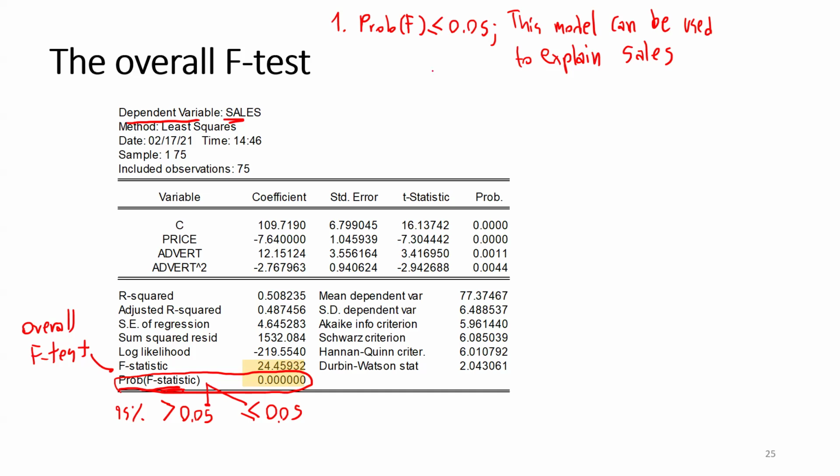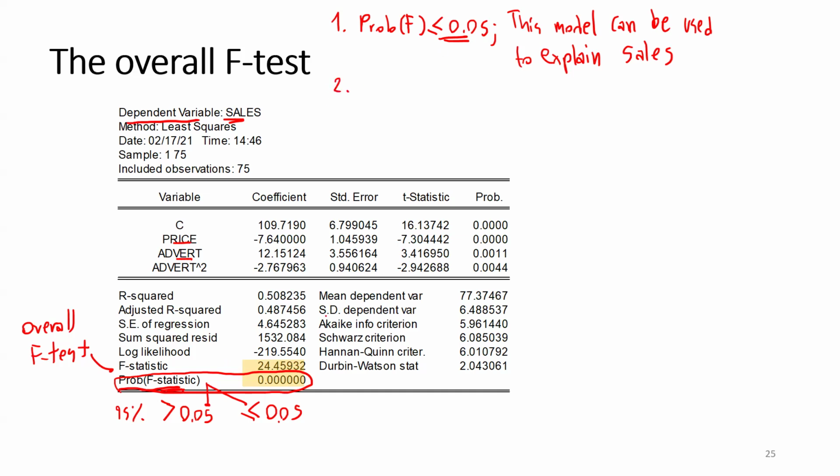But since it passed, the p-value of F must be less than 0.05, which means the model we use, price and advertisement together, can be used to explain sales.